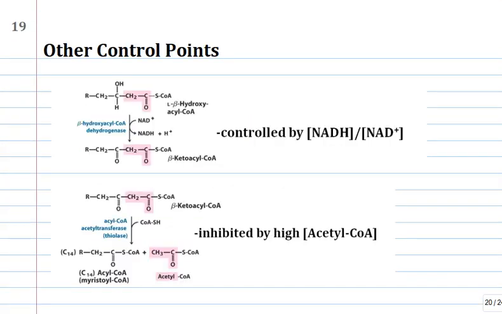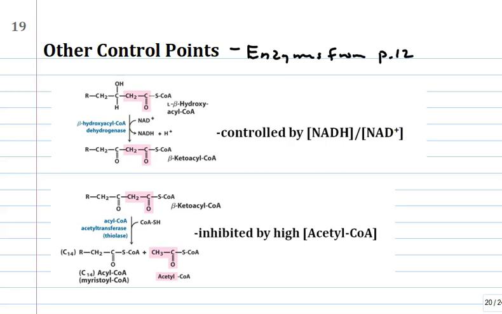Let's do just one more page here. There's a couple other control points in beta oxidation. Again, the enzymes we're talking about here are on page 12 of the notes. Here's the dehydrogenase, the beta hydroxyacyl-CoA dehydrogenase.